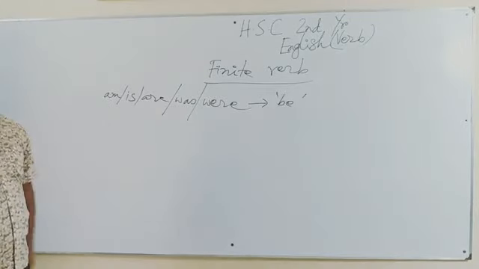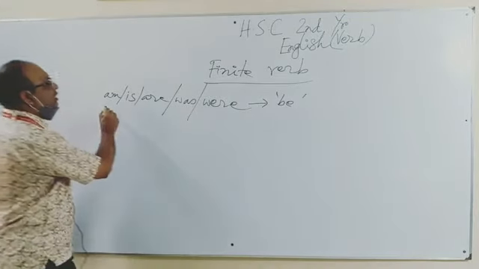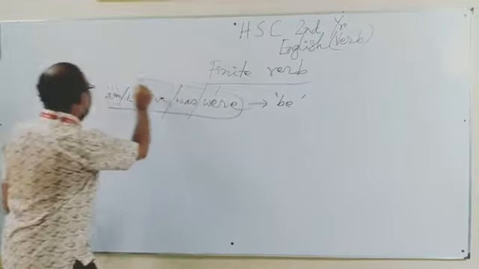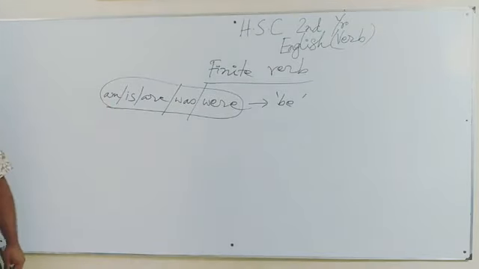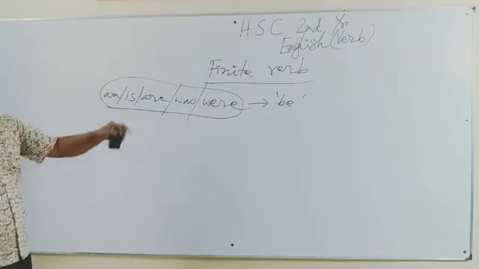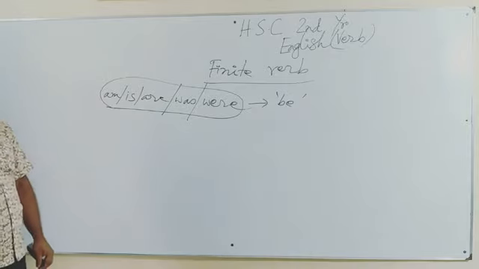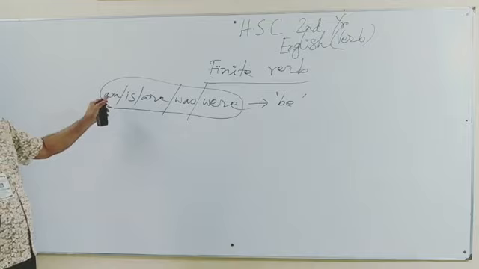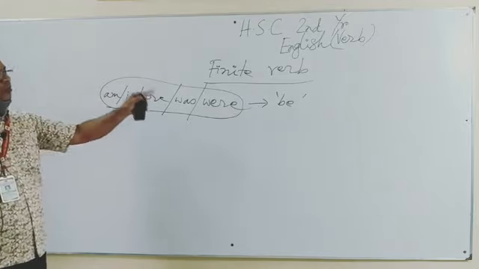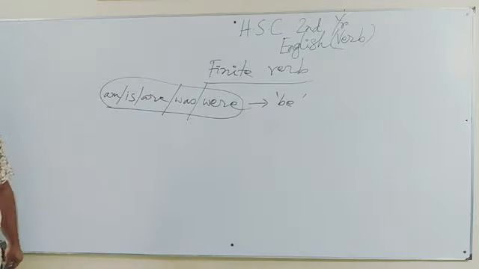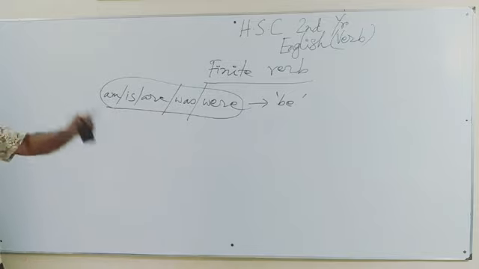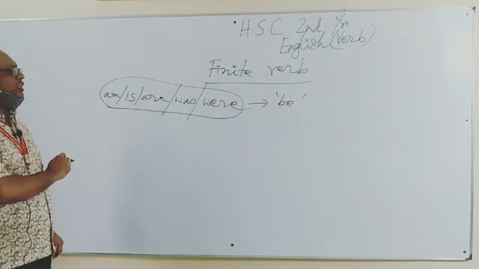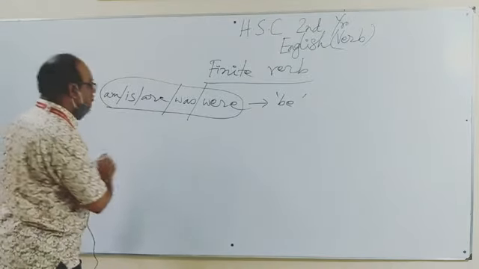Be is the base form, but these are the finite forms. All these are the finite forms. When you want to make any sensible, meaningful sentence, then you must use am, is, are, was, were from be. And from be, if you do not want to make it in the finite form, then what are the forms?